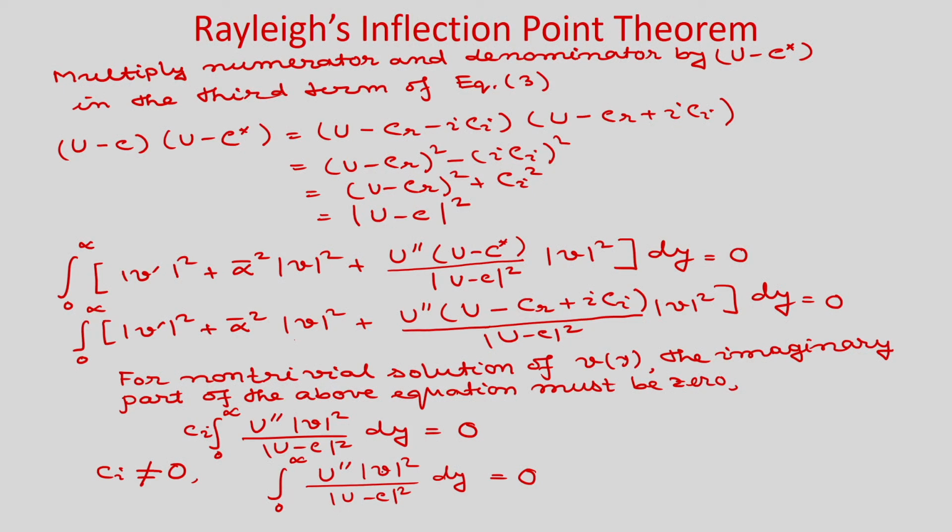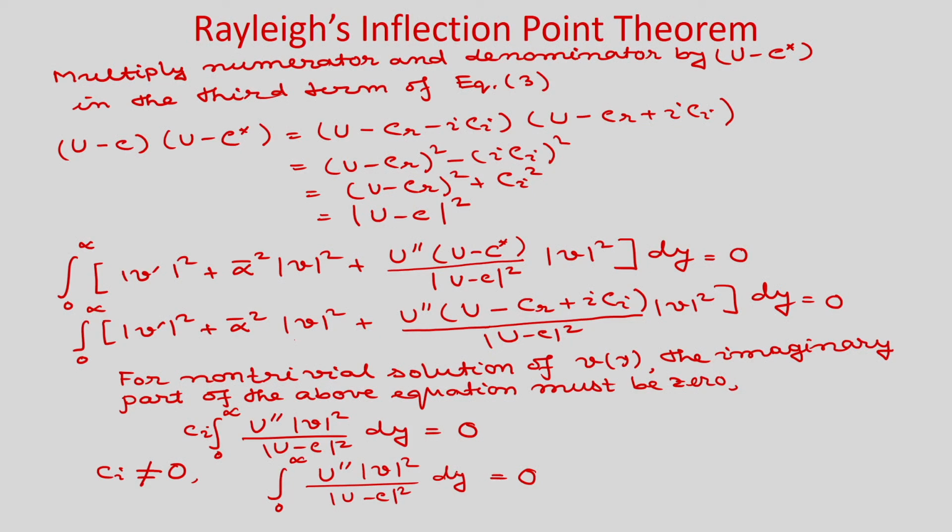In this equation you see this term is greater than 0, and u minus c whole square is also greater than 0. So, these are positive quantities, but this integral should be 0. That means u double prime should be 0 somewhere inside the domain to make this integral 0.